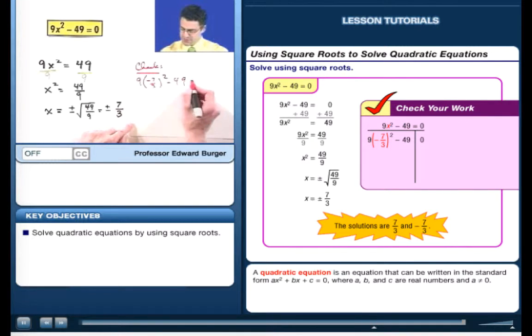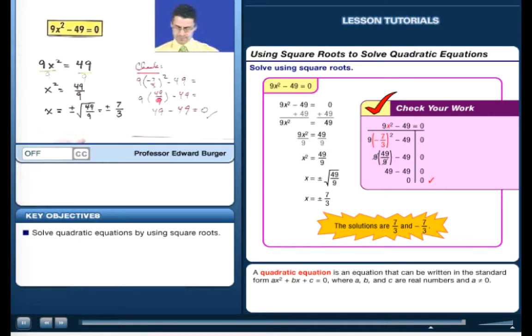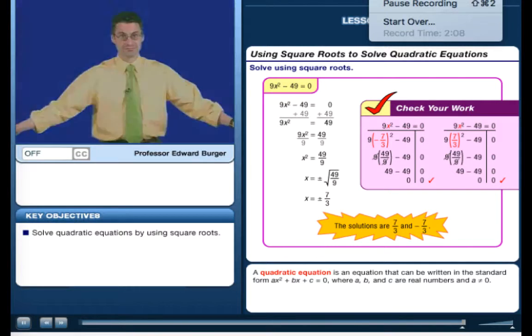Well, negative 7/3 squared is going to be 49 over 9, because I have to square 3 too. And I get a little bit of cancellation, and I see 49 minus 49 equals 0. It checks. And what about if I plug in a positive 7/3? Well, then everything else checks as well. It's the exact same once I put a positive sign there, because 7/3 squared is 49 over 9. Checks.